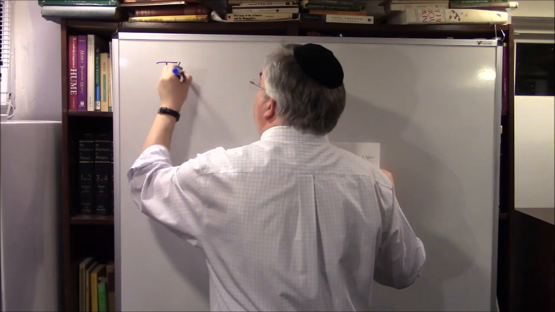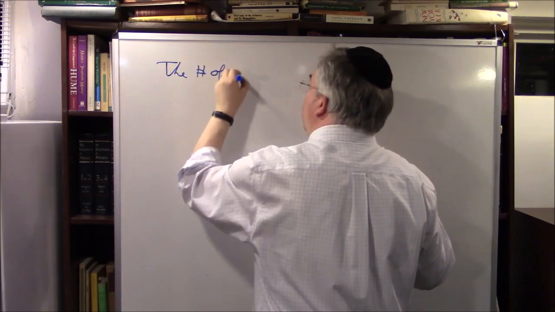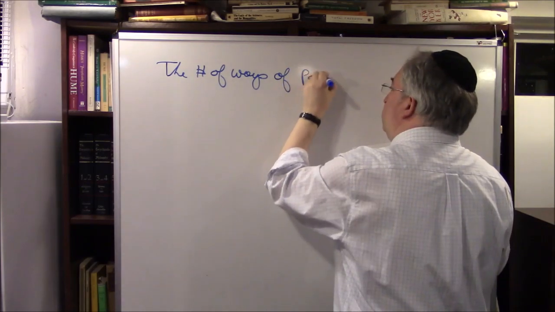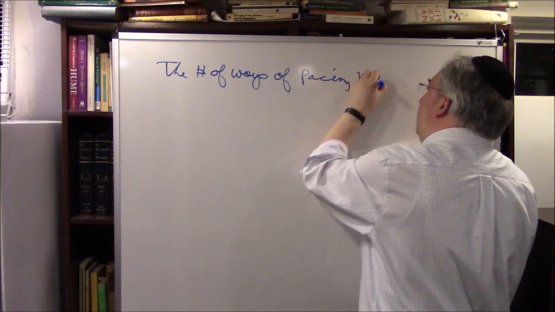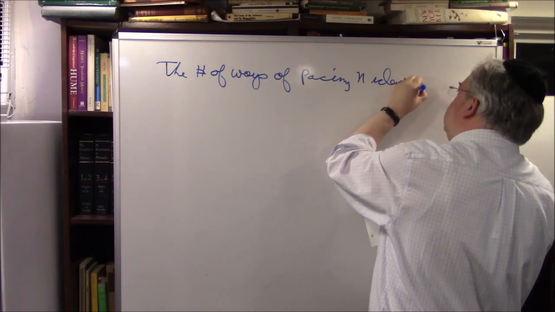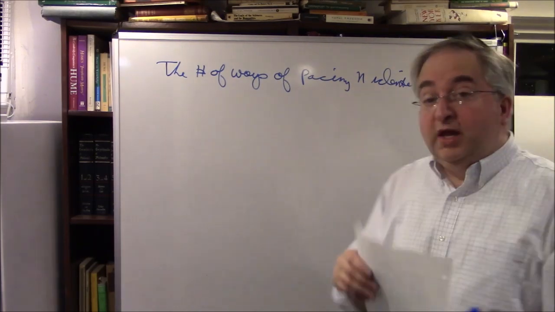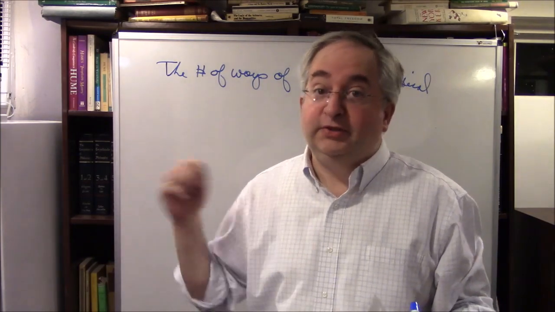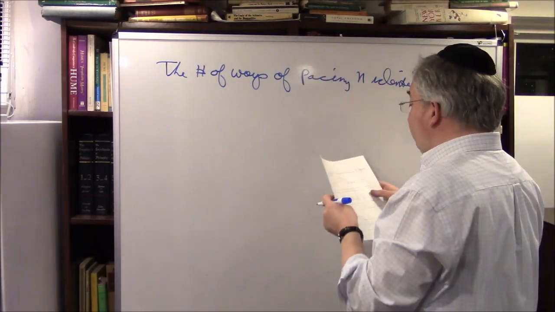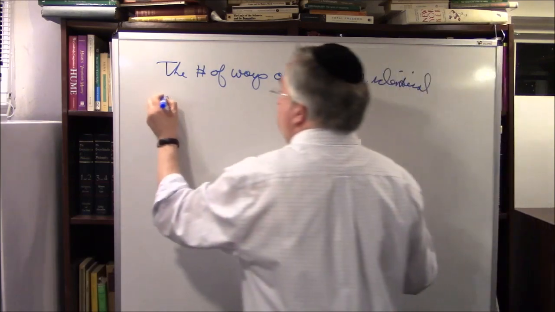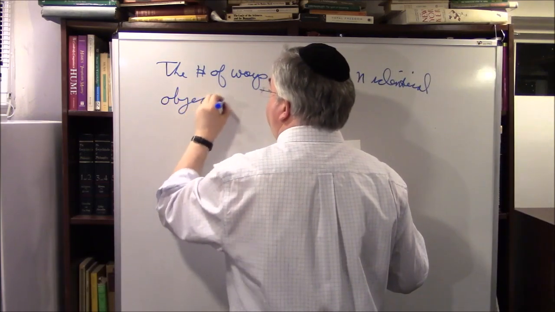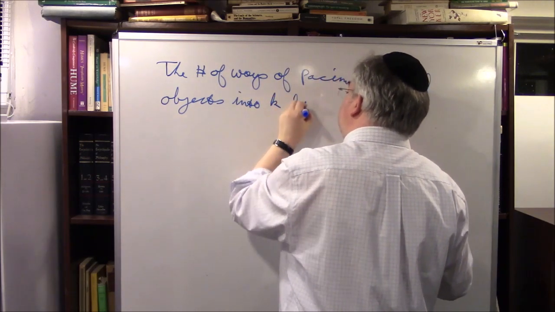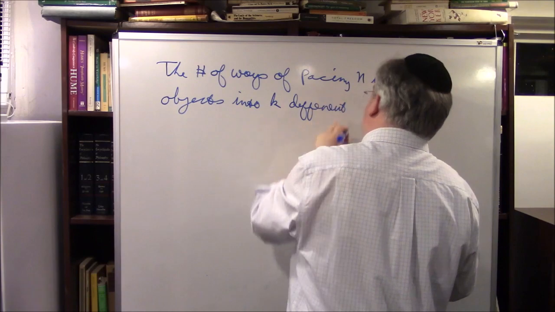The number of ways of placing n identical objects into k different boxes, notice the zeros, I don't care what they look like, they all look the same, it's like the dollar bills, they all look the same.